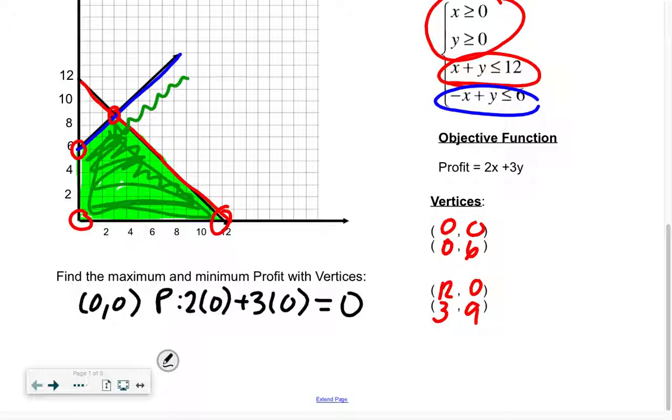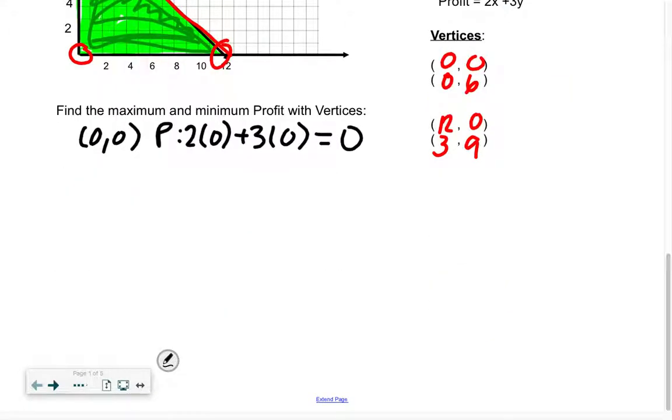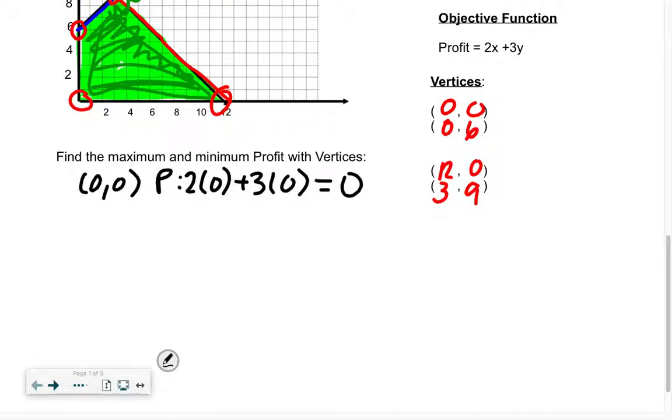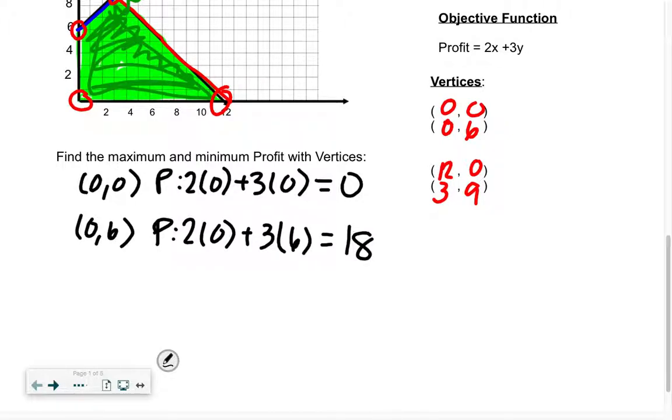Questions where I got the function from or the point? Okay. The next vertex we have is 0, 6. So we'll plug that one in. Again, we have 2 times x, so 2 times 0, plus 3 times y, 3 times 6, which gives me $18. Then my next vertex, 12, 0.